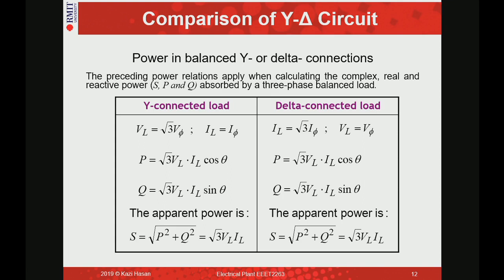I might not be able to explain the whole thing, but basically IL is equal to that. But when you consider IP squared, and then you square the root 3, the square root 3 squared is 3.